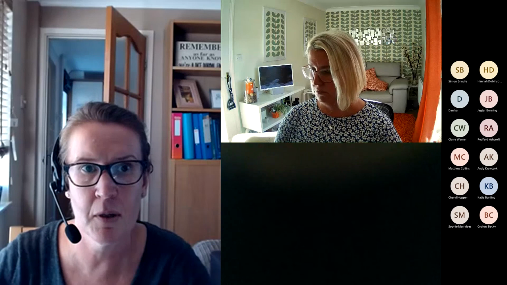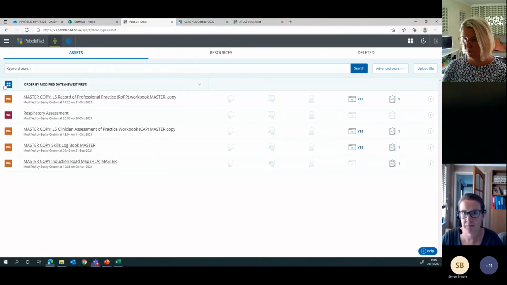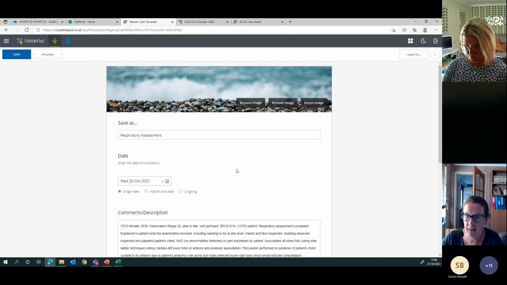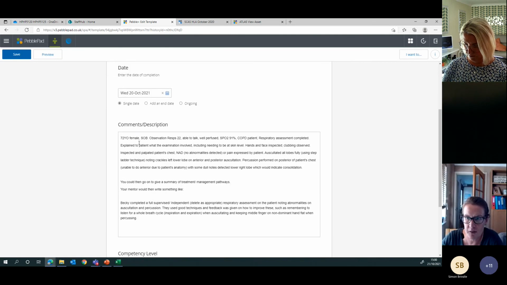So once the students upload to their PebblePad and go into My Assets, this is what they will see. They've got their workbooks all here. This is the assessment document that I did yesterday, so this would appear here as an asset. If I click on it, you can see this is an example of a basic write-up. So a 72-year-old female, short of breath, observations, at rest, they're able to talk.